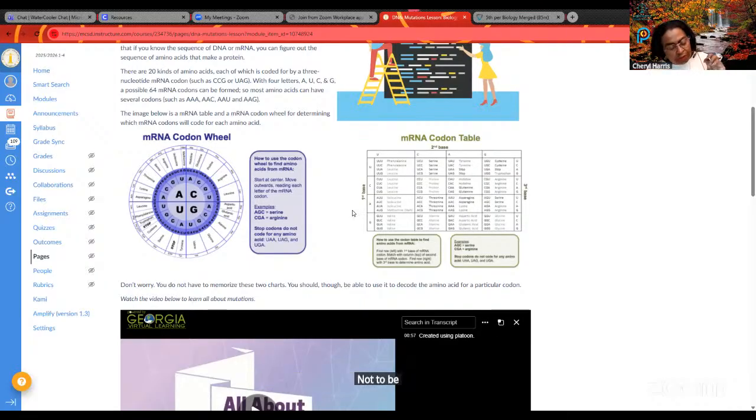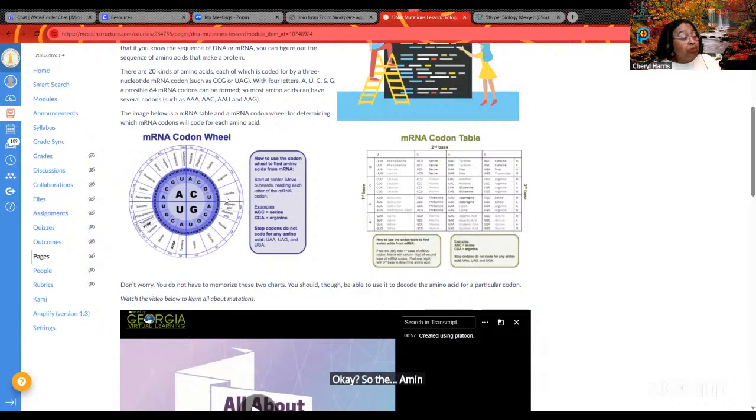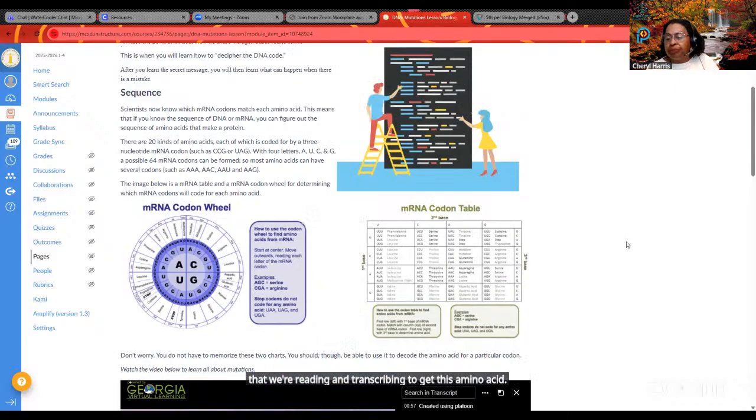Folks, don't confuse the three-letter abbreviation of the amino acid with the three-letter base code. The amino acid abbreviation stands for a whole name. The base code is a sequence of three nucleotides that we're reading and transcribing to get this amino acid.